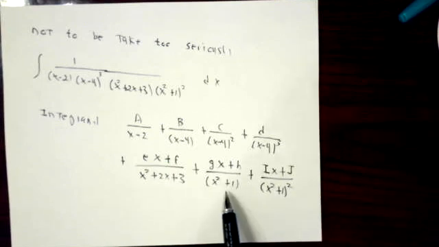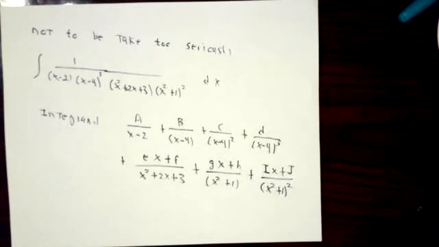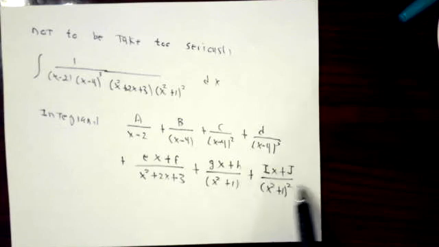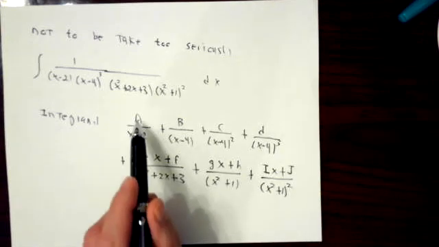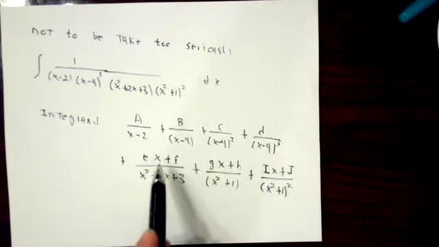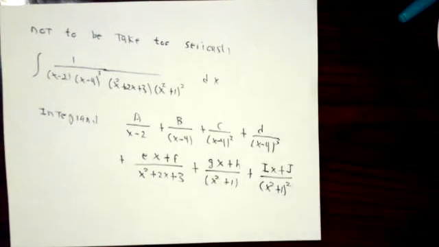So you would have x squared plus 1 on the bottom and x squared plus 1 squared on the other one. Upstairs, linear factor Gx plus H. Upstairs, linear factor Ix plus J. So if you actually wanted to do this, let's see, 1, 2, 3, 4, 5, 6, 7, 8, 9, 10. You have 10 unknown coefficients to find, and it's just going to be an algebraic nightmare to do this.